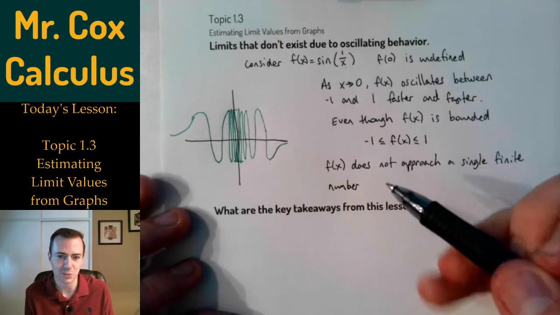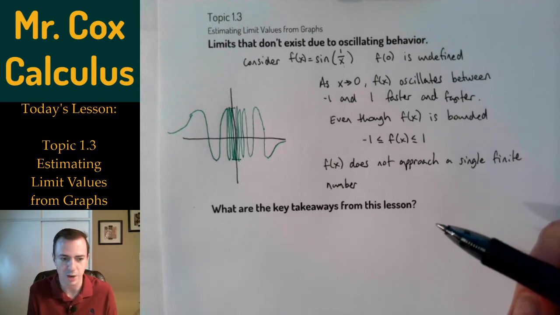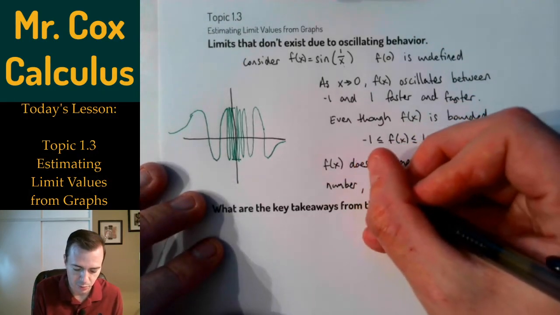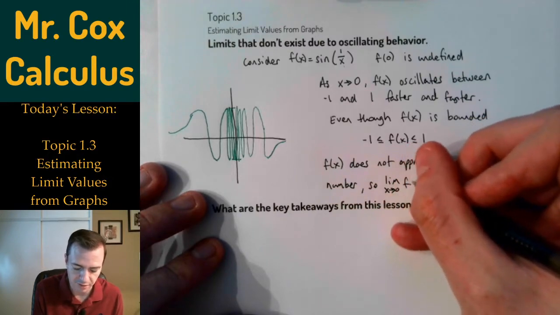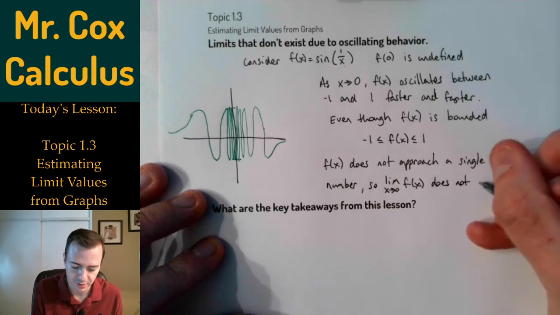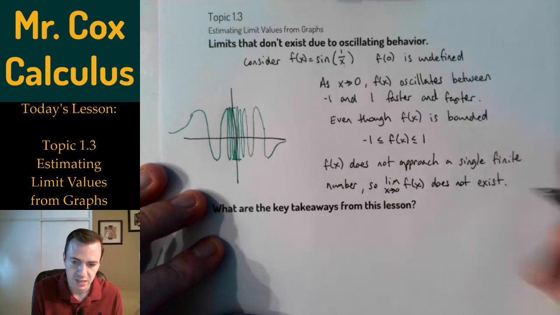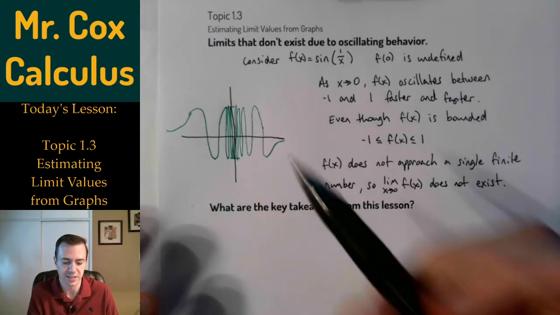And so because we can't definitively say, yes, it's approaching 0, or it's approaching 1, or it's approaching -1, we must say that the limit as x approaches 0 of f of x does not exist.